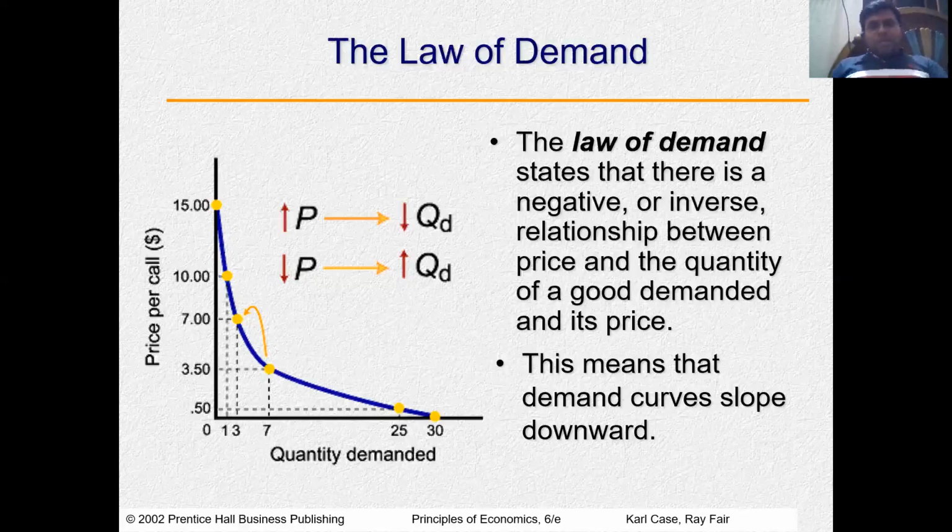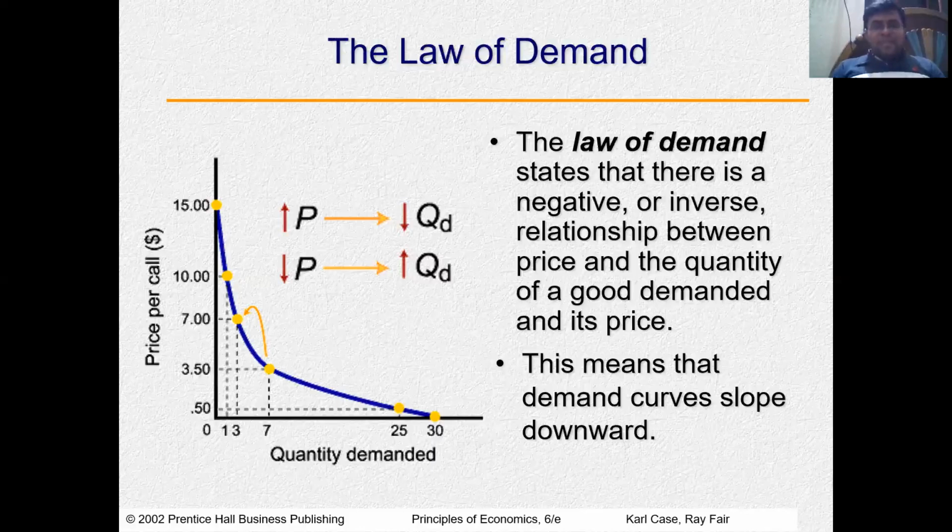If the price per call is $3.5, then a person makes 7 calls. If the price goes up to $7, the person makes 3 calls, which is less than before. This movement from a $3.5 price to $7 is called in economics a contraction in quantity demanded because of the increase in price.